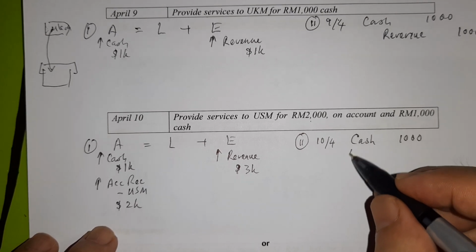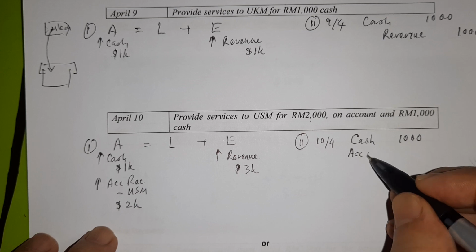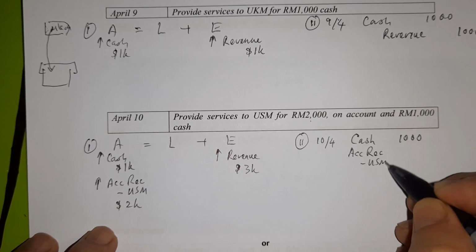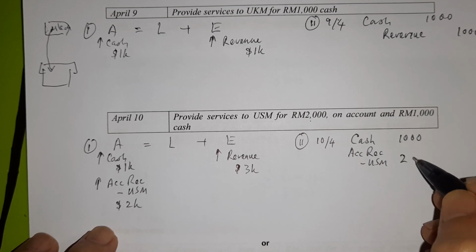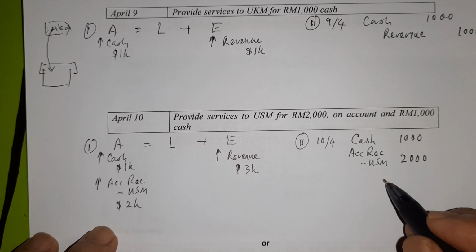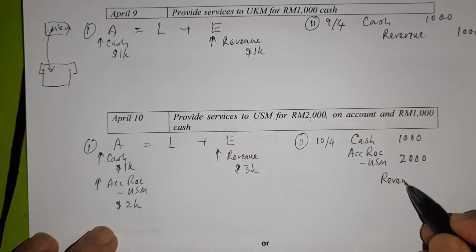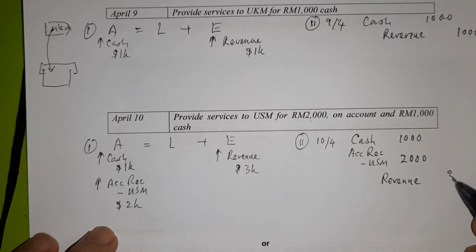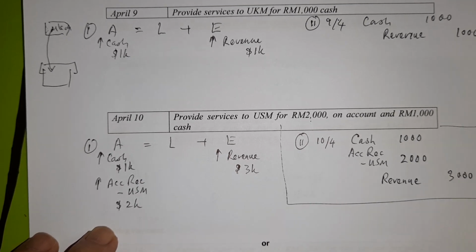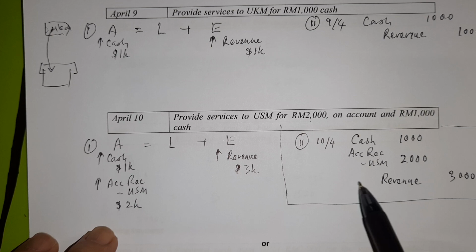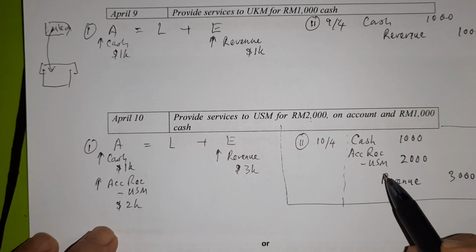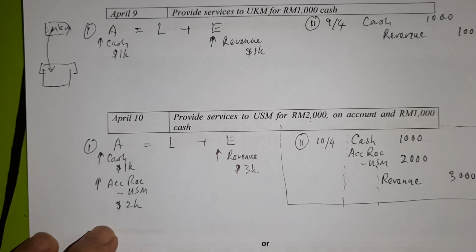Debit account receivable USM 2,000. And then equity increase, you credit account revenue 3,000. See, very simple. Credit account a bit in the right side.